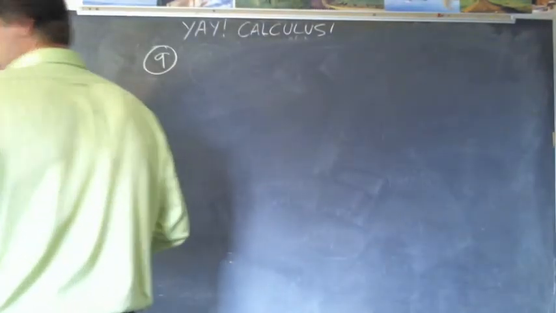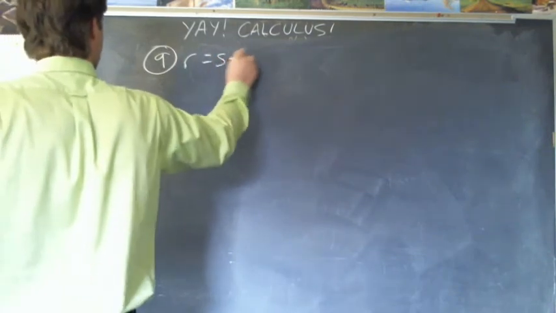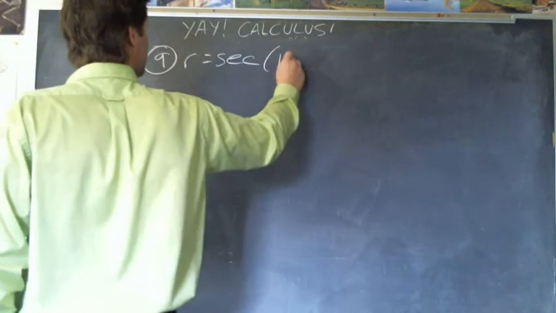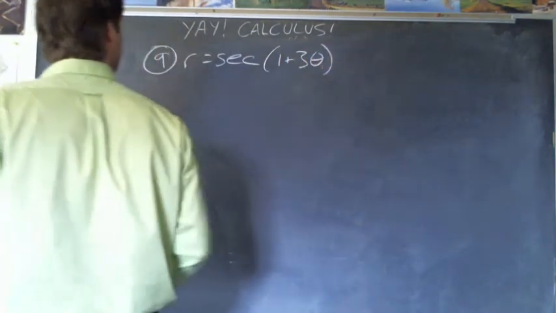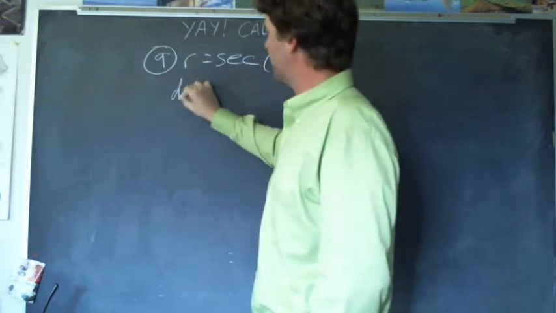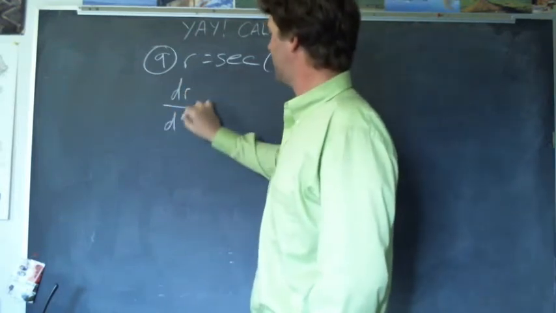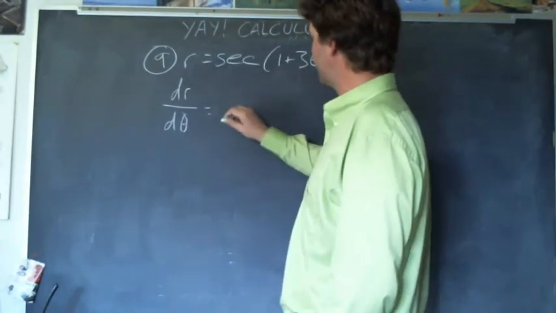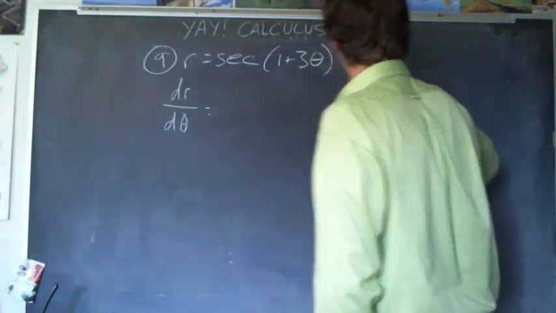Number 9. R equals secant of 1 plus 3 theta. I'm going to take the derivative of r with respect to theta as dr d theta. Derivative of secant is secant tangent. And let's put up that rule.